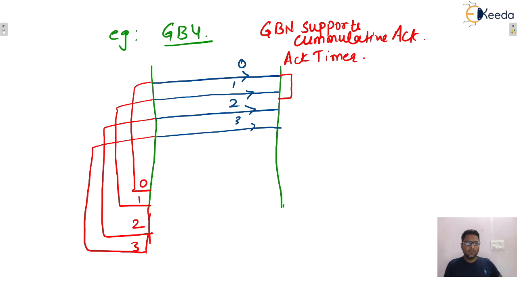Okay, so let's say this is the acknowledgement timer. As soon as the 0th packet is received, the timer will start. At this particular point, it will send a cumulative acknowledgement, and the acknowledgement number will be 2, because in this duration the 0 and 1 packets were received. The last packet received is 1, so 1 plus 1, the acknowledgement number is 2, which represents that the receiver now expects the second packet.